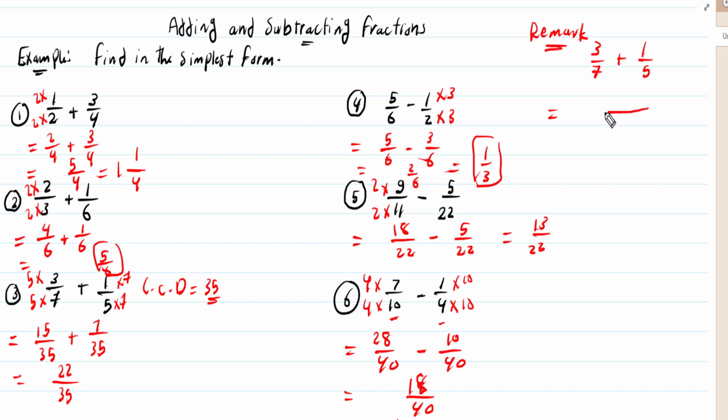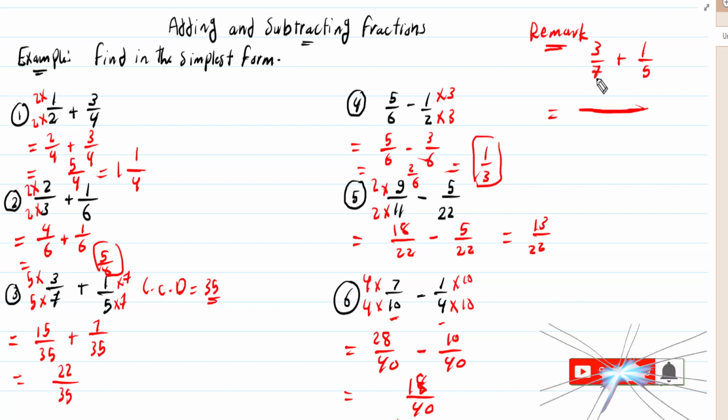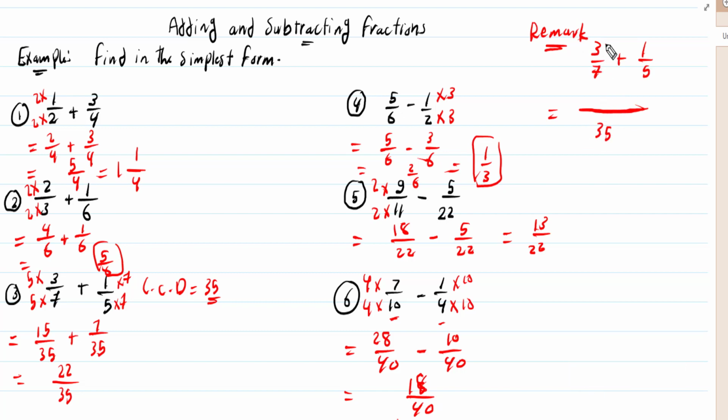We just write a big fraction line and multiply the two denominators, which are 7 and 5. 7 by 5 equals 35, and make cross multiplication. 3 times 5 will be 15, plus 1 times 7, or 7 times 1, equals 7. So 15 plus 7 will be 22 over 35. Look here, the same answer.